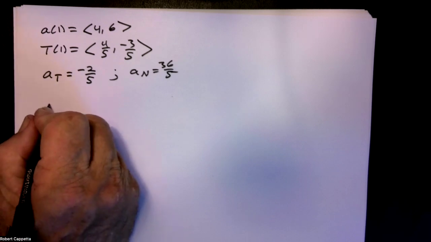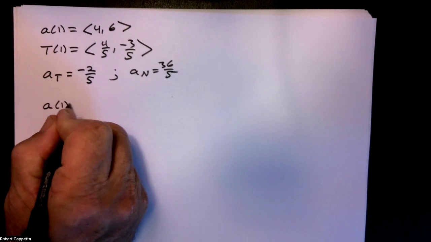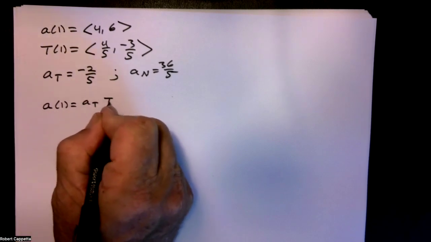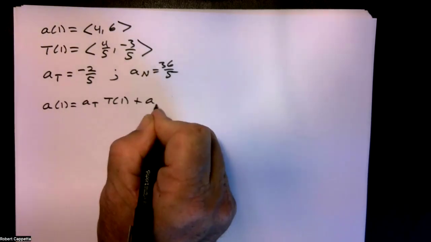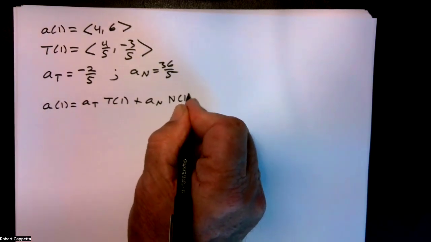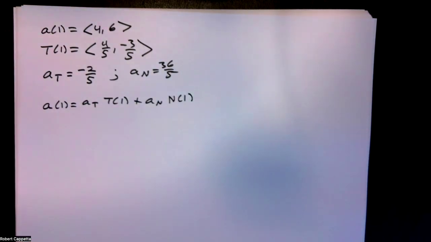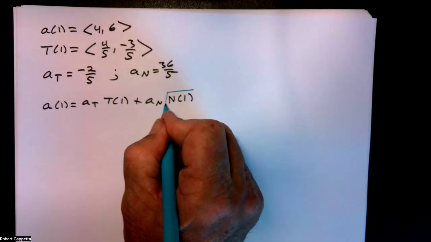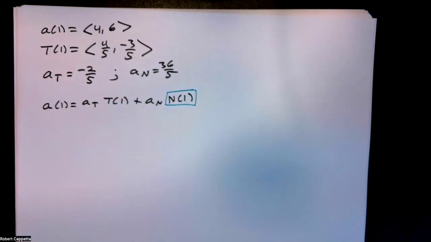Here's the information that we need. So what do we remember? What's our idea? A of 1 will be A sub t times T of 1 plus A sub n times N of 1. And our goal is to find N of 1, which in 3 space is very challenging.